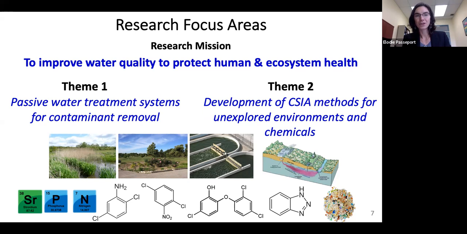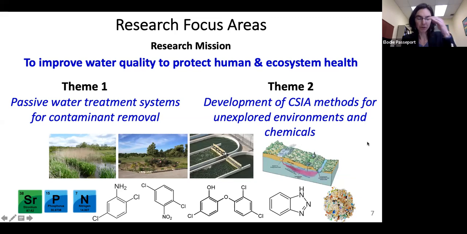So overall in my research lab, we work on various types of passive water treatment systems for contaminant removal. And this includes, for example, constructed wetlands, with an example here. So a pond with some plants, the bioretention cell, which is this kind of urban green infrastructure, which I'll show again later. Some algae pond, but we also work in the context of groundwater remediation.